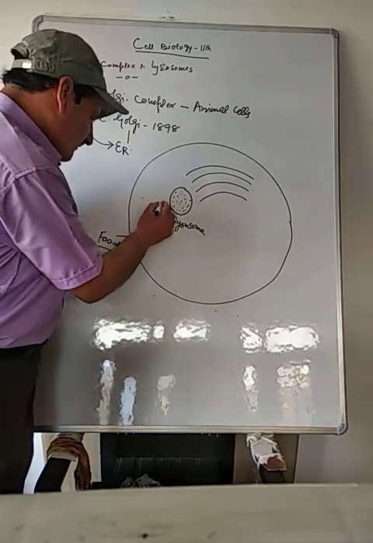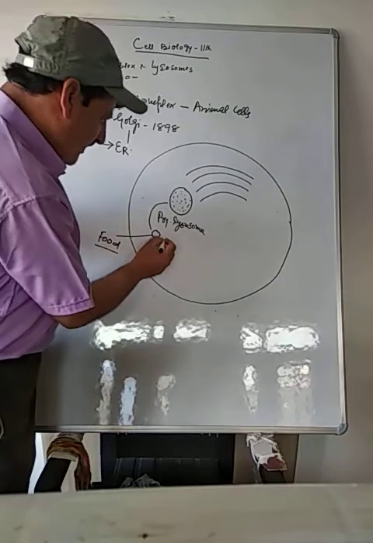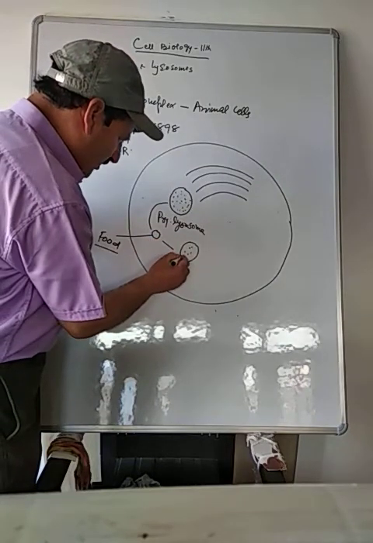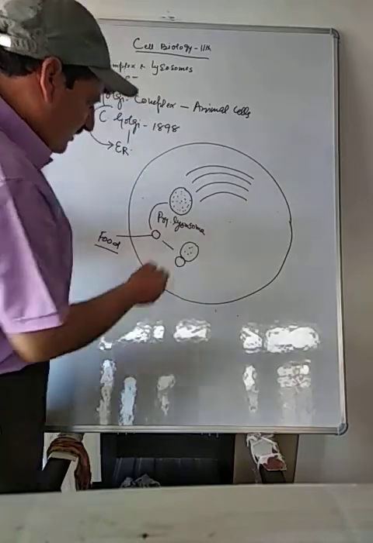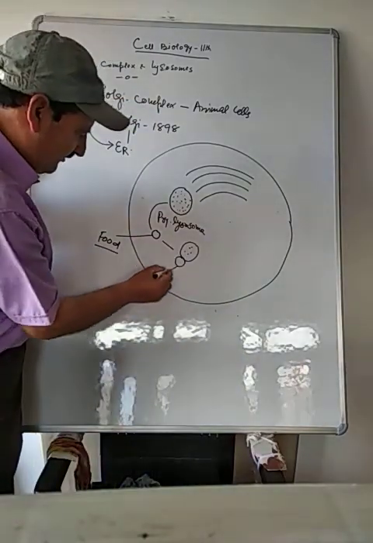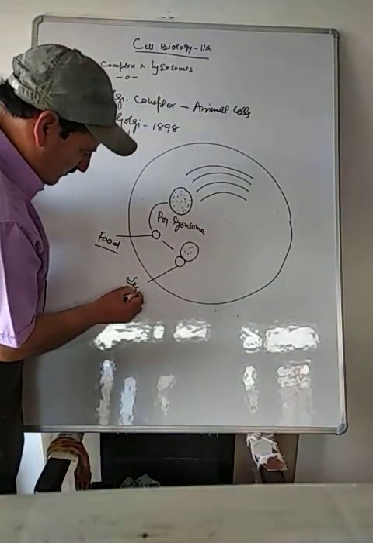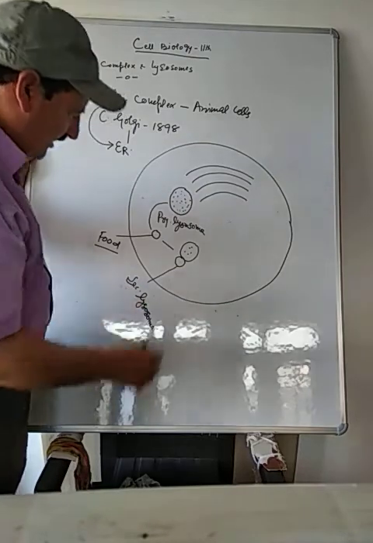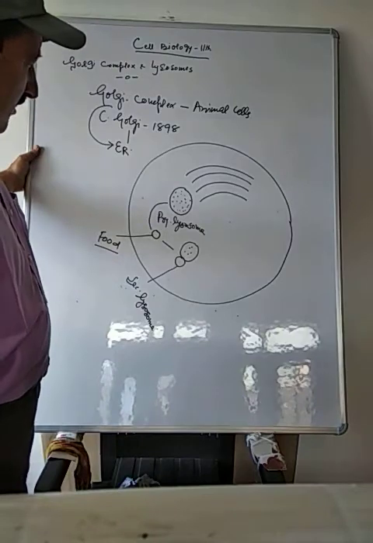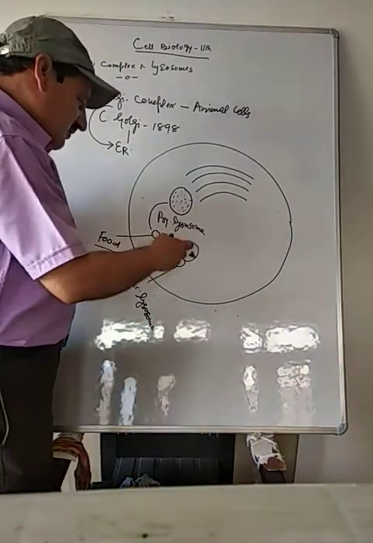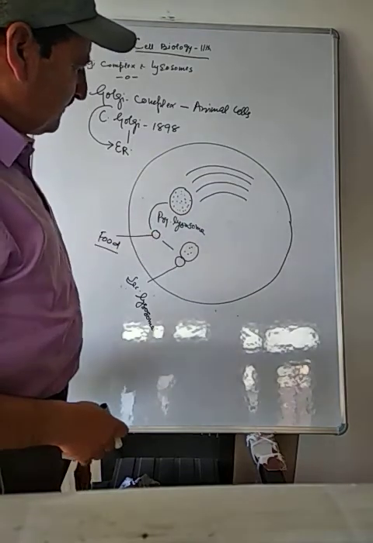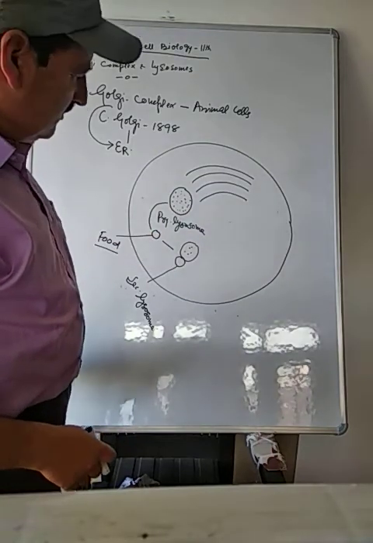These two combine, they fuse. A new structure is formed. Let this be Golgi complex, this lysosome, and this is the food particle. Now this is called a secondary lysosome.